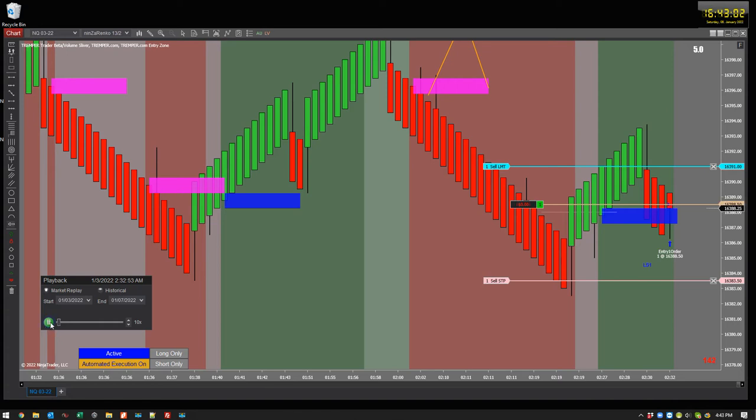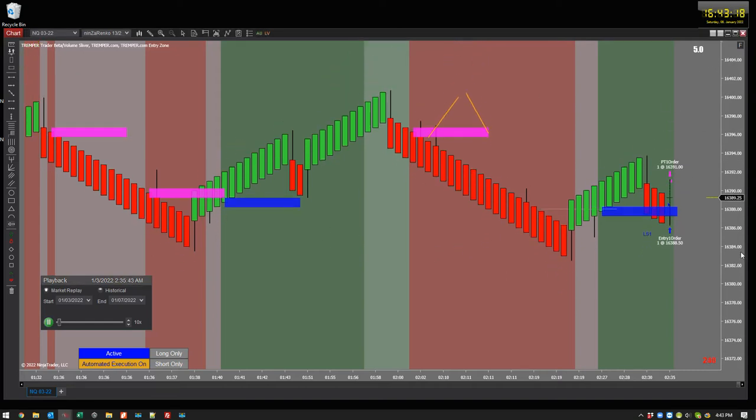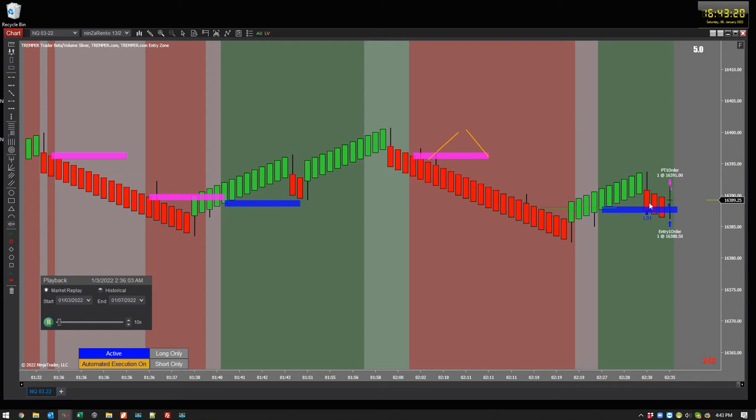And I have the price extensions under tools. There's so much that you could do as far as MFEs and MAEs. I don't know what your procedure is for what you're looking for, your numbers, et cetera. So anyway, you got the idea there, right?